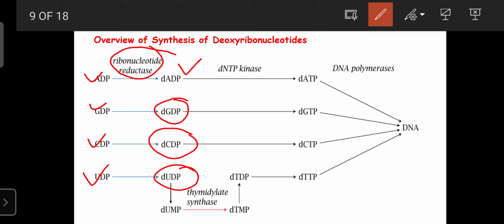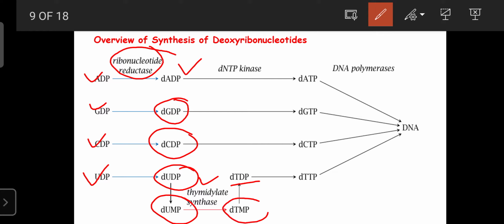And further, in the presence of the thymidylate synthase enzyme, it can convert dUDP into dUMP, because for DNA we require thymine, not uracil. So in the presence of this enzyme, thymidylate synthase, it can convert it into dTDP, that is thymine diphosphate.